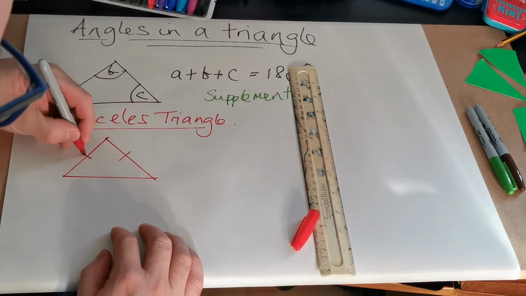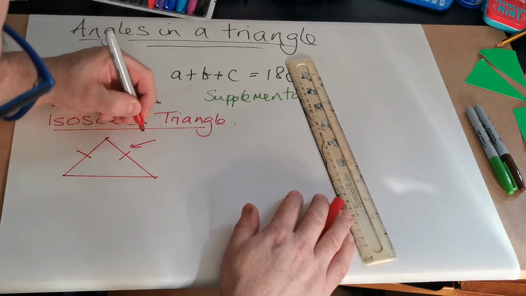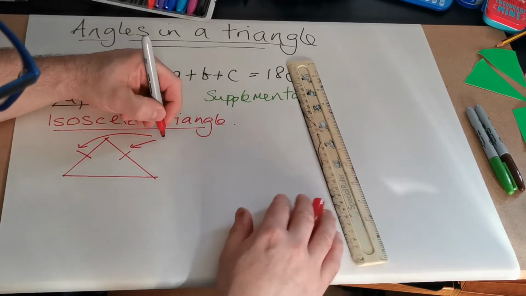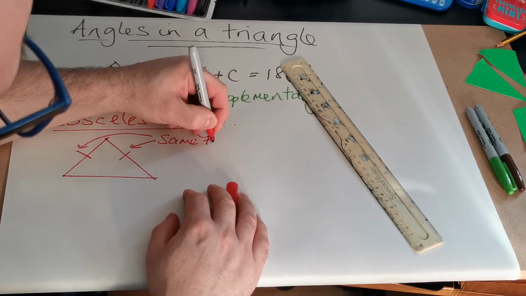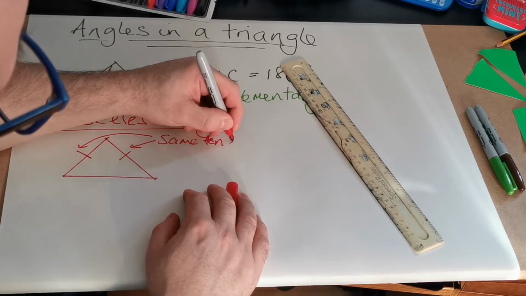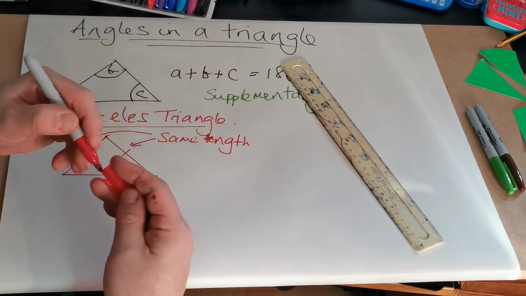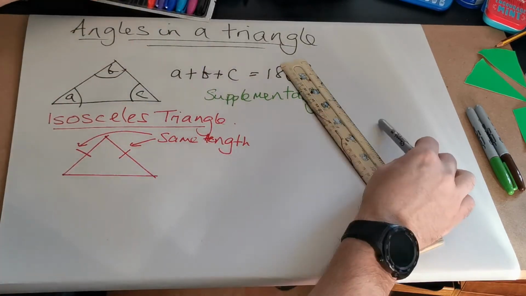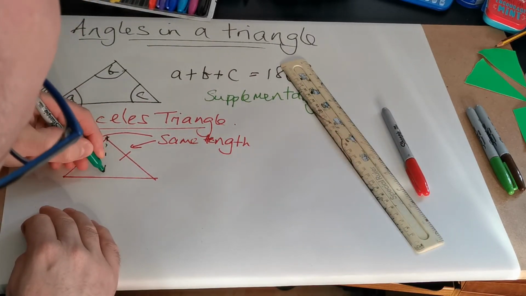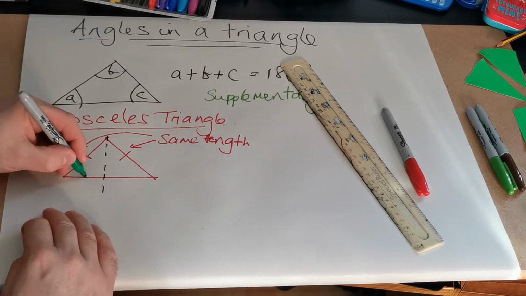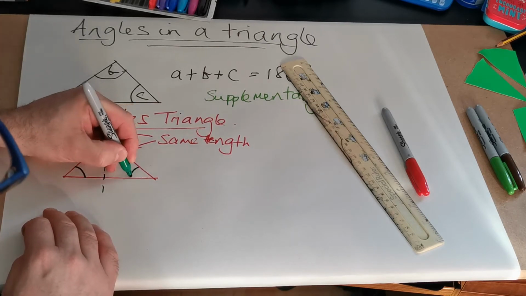So let's say that one and that one. So these marks say they're the same length. What it does, by putting in two sides that are the same length, it gives us a line of symmetry down the middle. And that means that these two angles are the same.